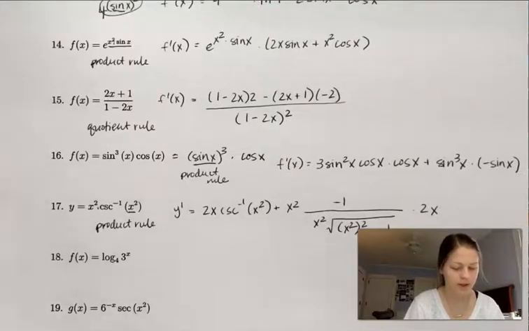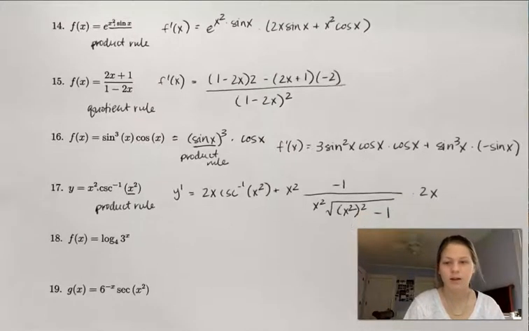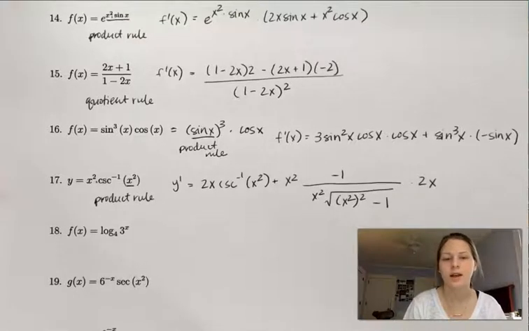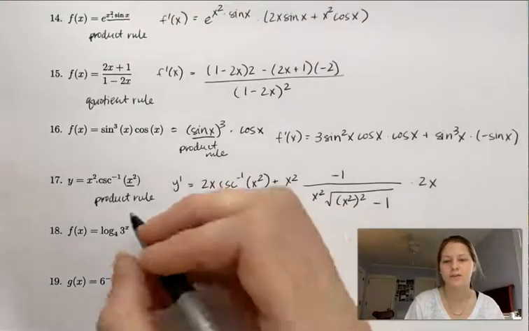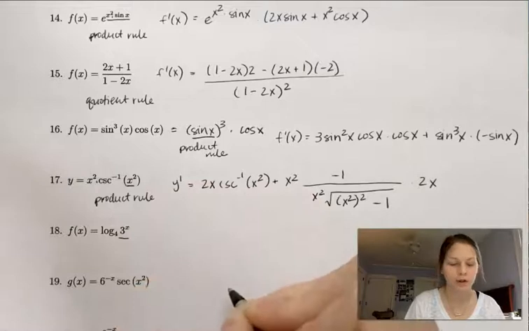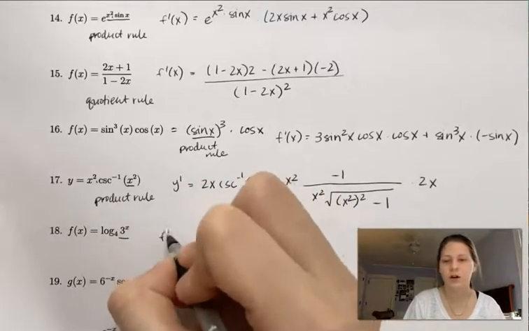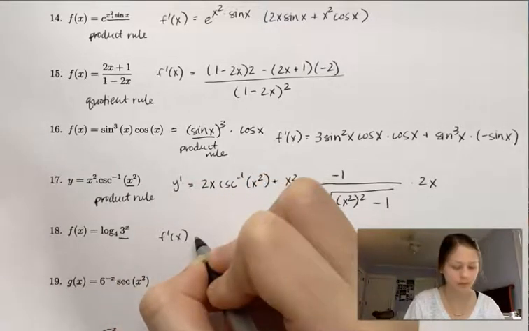So then moving on to 18. This question also uses a rule that we don't use that often, that we talked about earlier, which is the derivative of log base a of x is equal to 1 over ln of a times x. And it also uses the rule that the derivative of a to the x equals a to the x times ln of a.